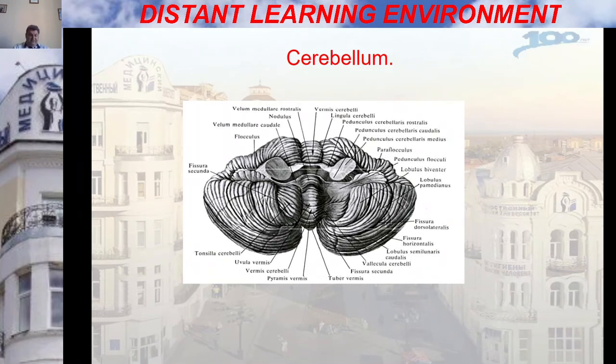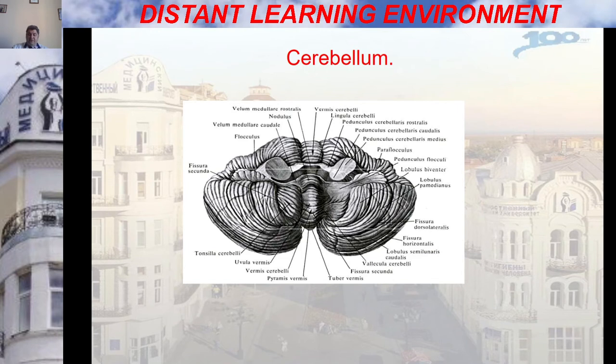The large lateral parts, the hemispheres of the cerebellum, and a narrow middle part lying between them, the vermis, are distinguished in it. On the anterior border of the cerebellum is the anterior notch embracing the adjoining part of the brain stem.